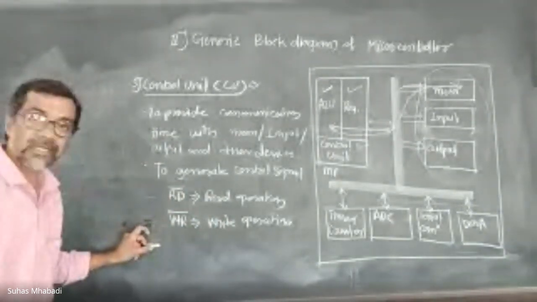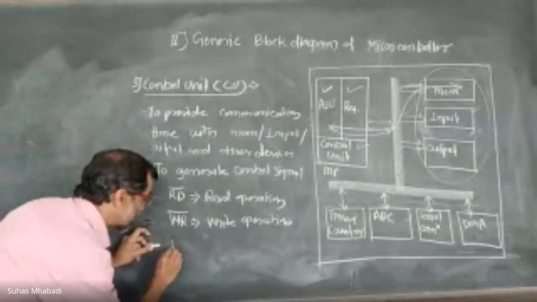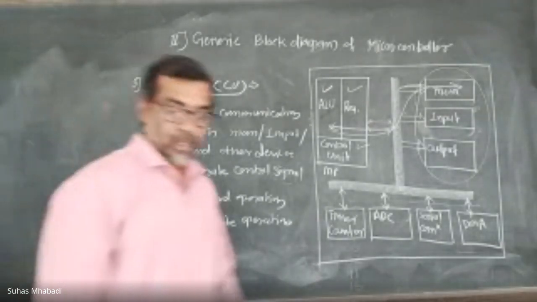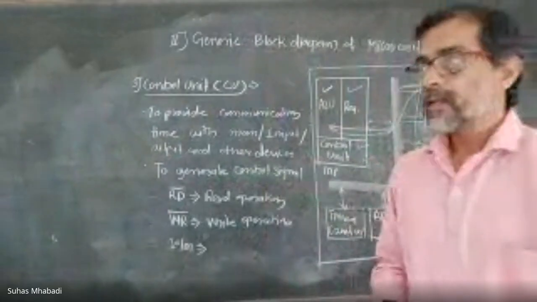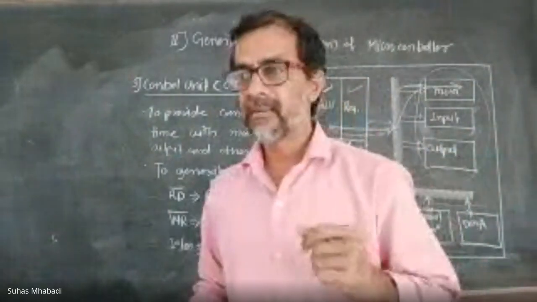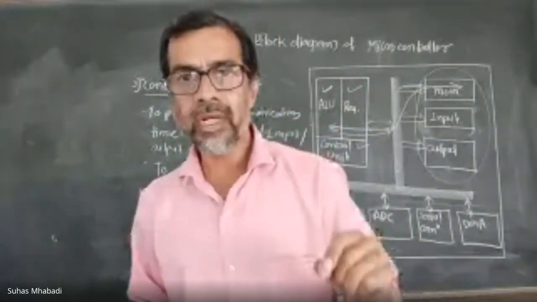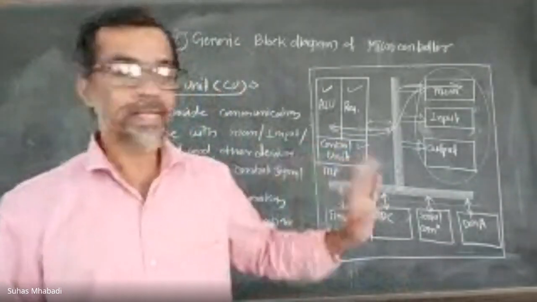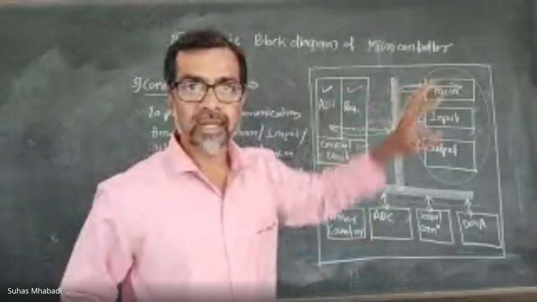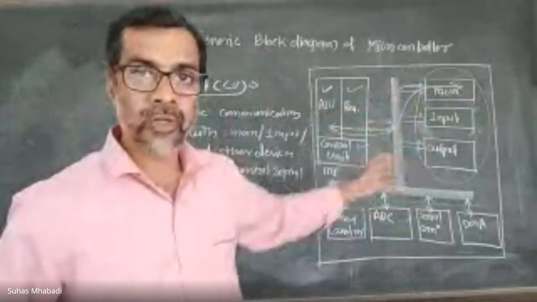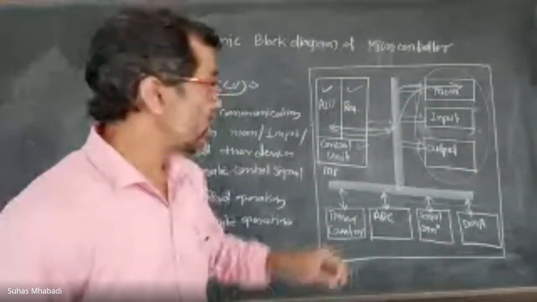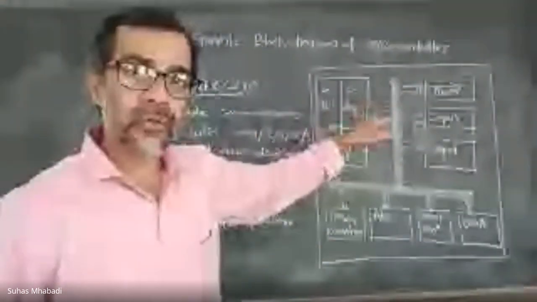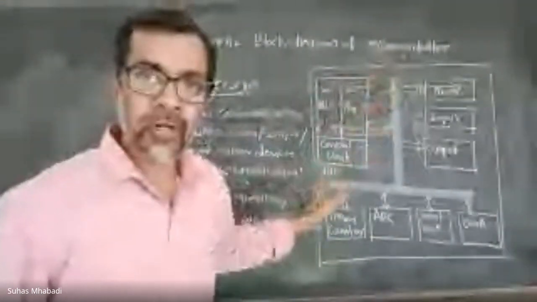Similarly, there is one more line. The line is known as IO/M bar. I think in the first lecture I said the controller or processor will perform only one operation at one time. When it wants to communicate with memory, it will not communicate with input, output, and all the devices. Or when it is communicating with the output device, it will not communicate with the memory, input, or the other devices.